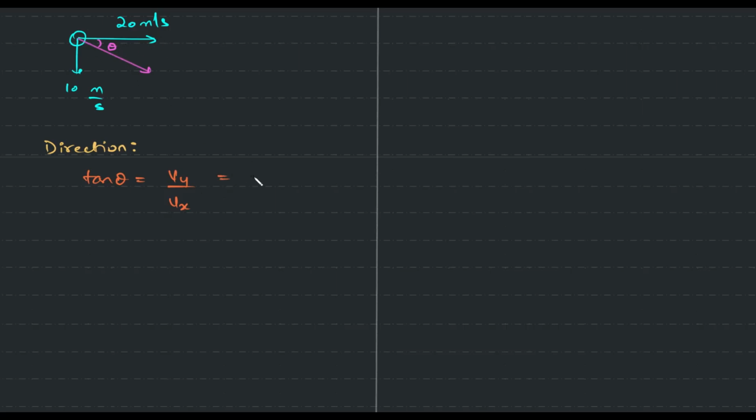Opposite is 10 by 20. So theta is equal to tan inverse of half. Whatever that value is, that you guys can calculate. This is with respect to, or below, horizontal. So we are measuring below horizontal.